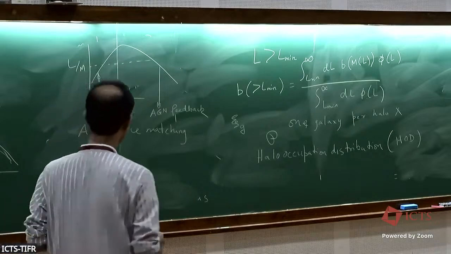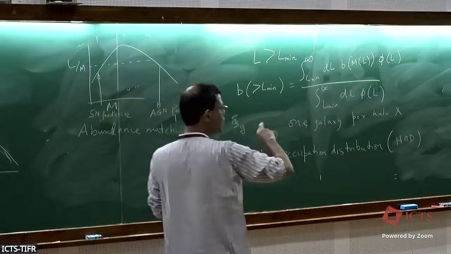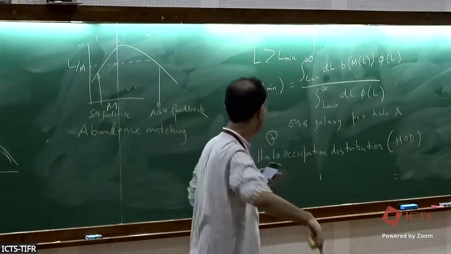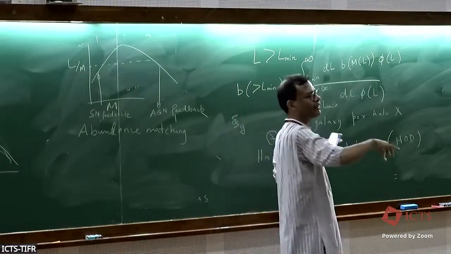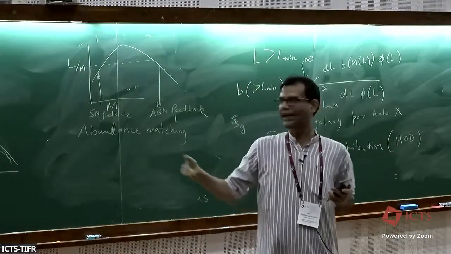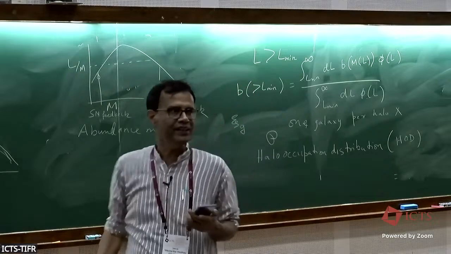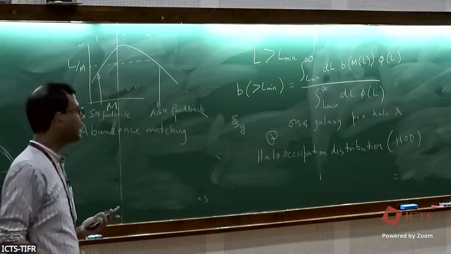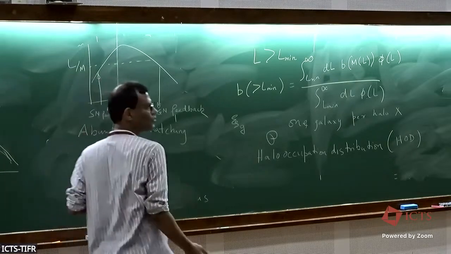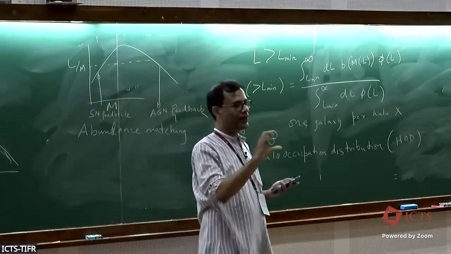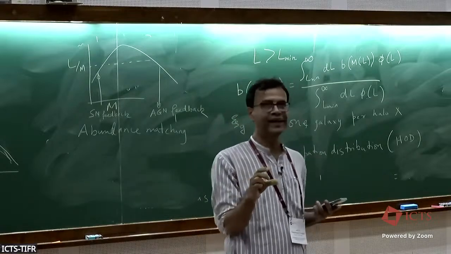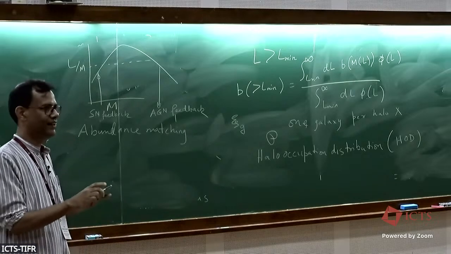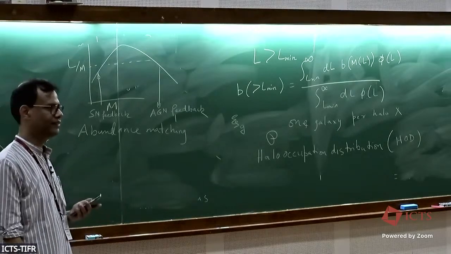The other approach is you say that I will keep the model not simple but parametric. So I will just parameterize this probability distribution by some parameters. And then I will try to fit all the observations and infer those parameters. And from there I will learn how the luminosity changes with mass, what kind of halos host many galaxies, what kind of halos don't host any galaxy, and all these questions can then be answered.